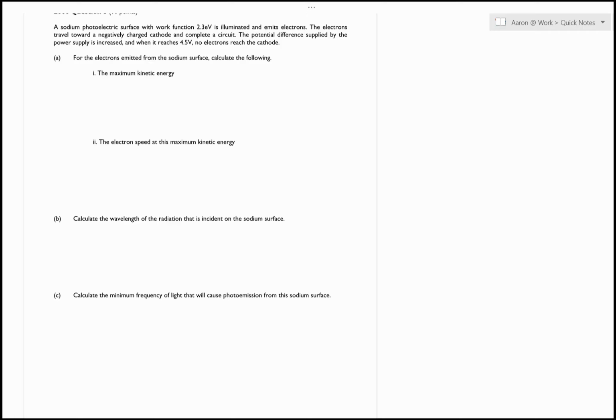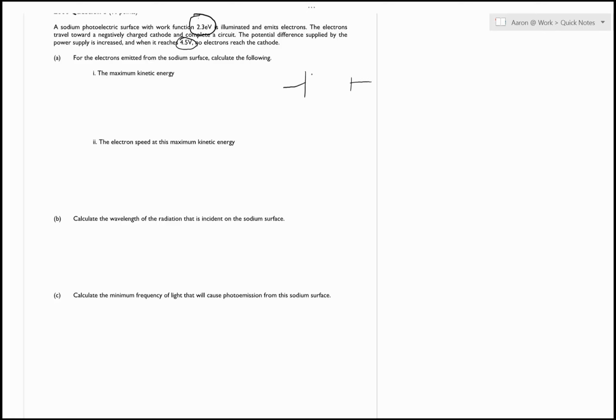Okay, so for the main parts of this question we need to take into account: up the top here, we have our work function, 2.3 electron volts, and we know that we have a stopping voltage of 4.5 volts. So when our voltage is 4.5, that's enough to overcome the kinetic energy of the electrons so they can't reach the cathode. Remember, there's our two sides.